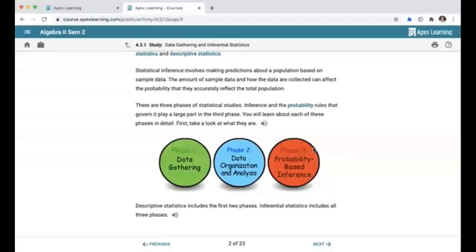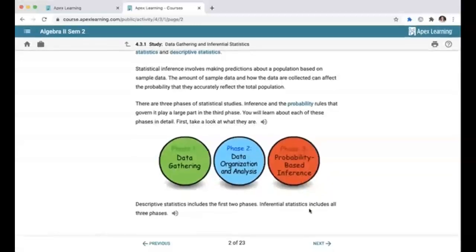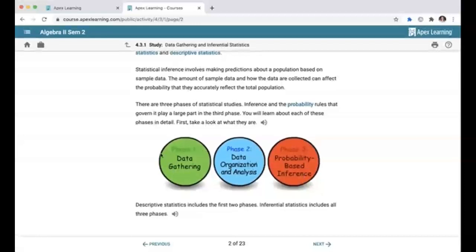Again, what's the chance that this is going to happen? Right? What is the chance that it's going to happen? And of course, obviously, these first 2 stages are also there for descriptive statistics. This last stage here is what's added on for inferential statistics, right? Going beyond what we already definitely know based on our data and making that prediction.